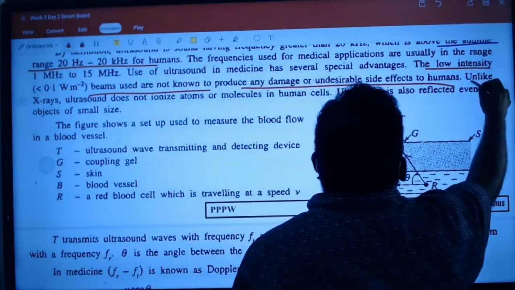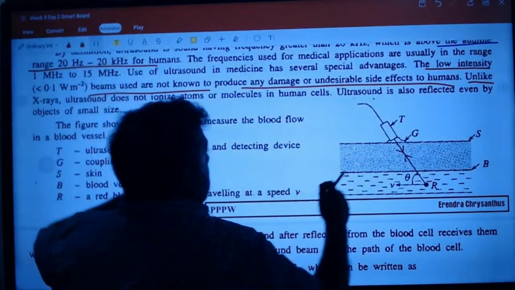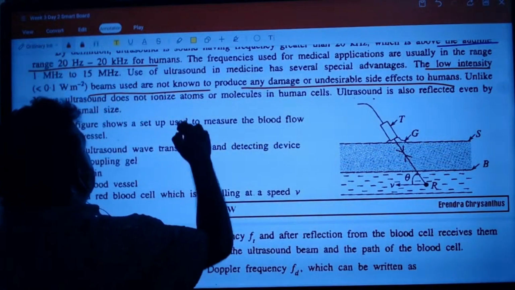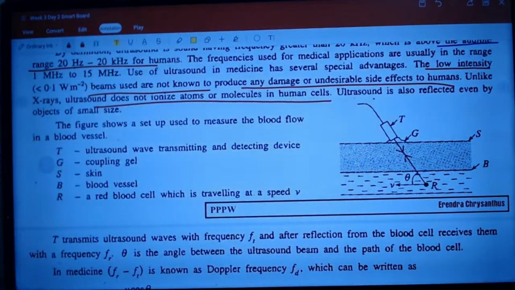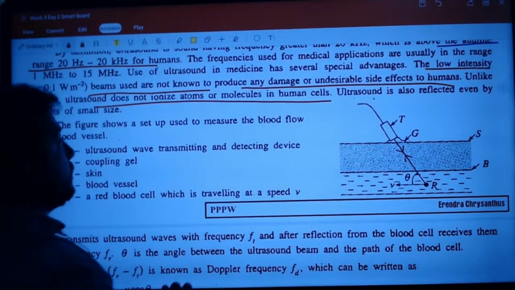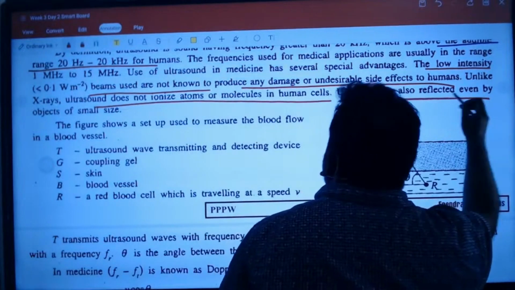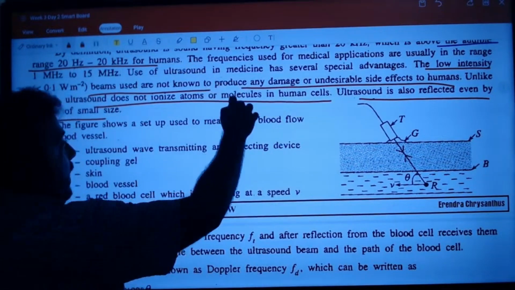Low intensity beams used are not known to produce any damage. Next, unlike X-rays, you can answer this: does not ionize atoms in human cells. So this is your answer. Even this: ultrasound reflects small objects. This is your answer for Roman number 2.